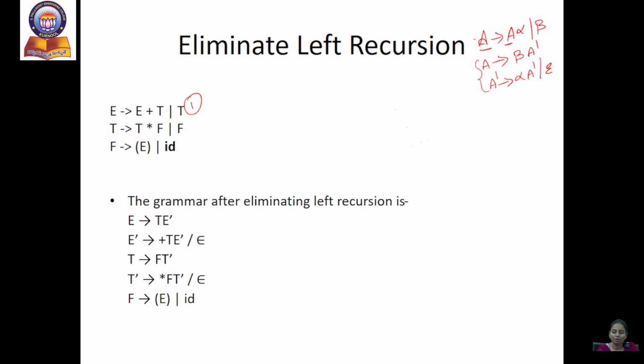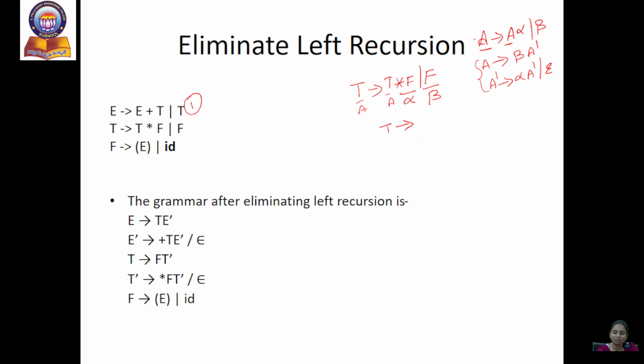The second production is T derives T into F or F. Now consider here T will be represented as A, this will be represented as alpha, and this will be represented as beta. So we can write it as T derives beta T dash.